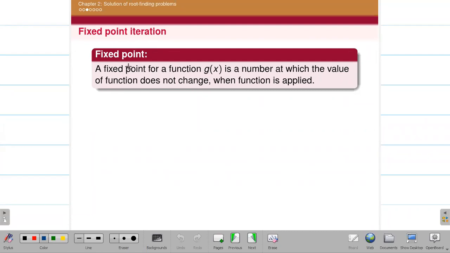Now what do you mean by fixed point first of all? A fixed point for a function g of x is a number at which the value of the function does not change.